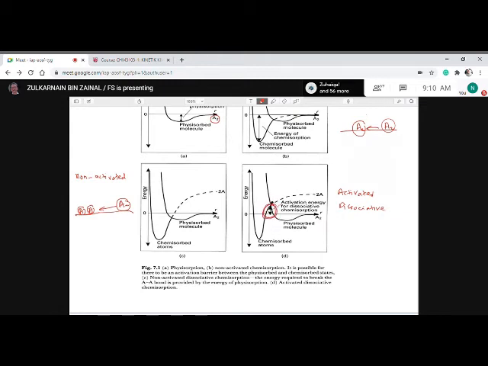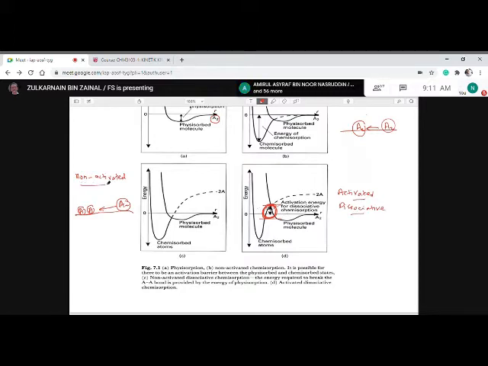They have to overcome a certain amount of activation energy before they can form the bond with the surface through chemical adsorption. So this is called activated dissociative adsorption.